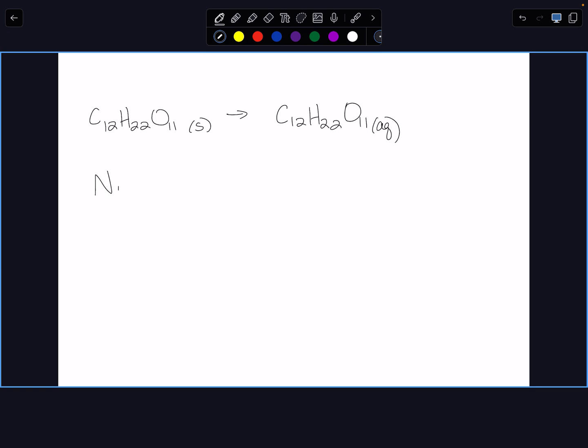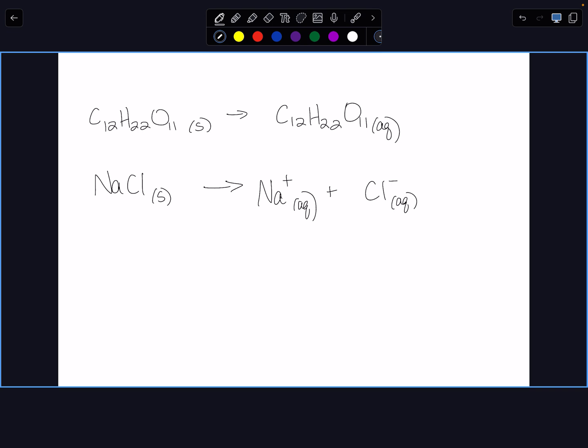But when I put table salt in water, can you guys tell me how table salt dissolved in water? Say again, Alexandria. Yeah. Y'all, it ionized in solution, didn't it? That's what we said it did.